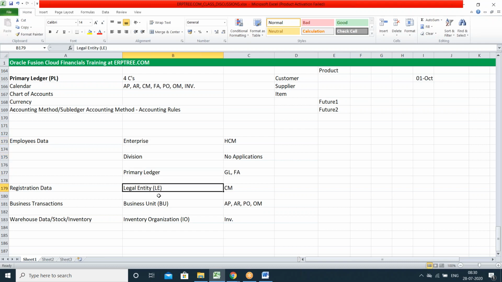Remaining, whatever we are discussing, all are mandatory. If you are doing the implementation for any company, you have to create enterprise, primary ledger, legal entity, business unit, inventory organization. Division is not at all required as mandatory.